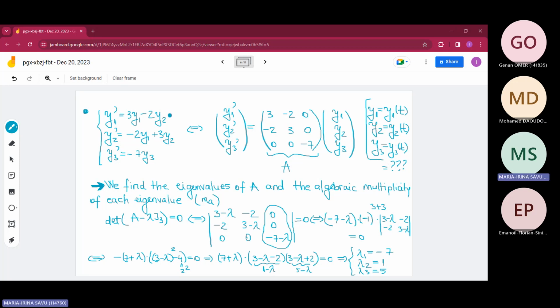This system could also have here plus t, plus e at t, and plus 2. In this case, you would have a system which is not homogeneous because you would have other functions added at the end of each equation.